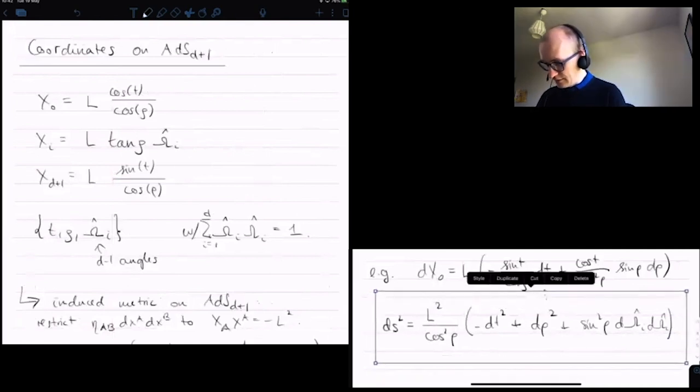And this is a coordinate system that people like to refer to as global coordinates.